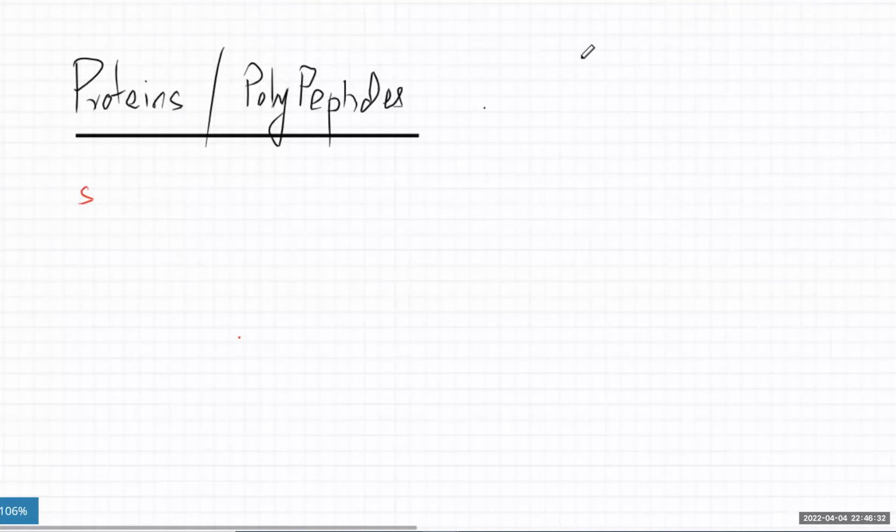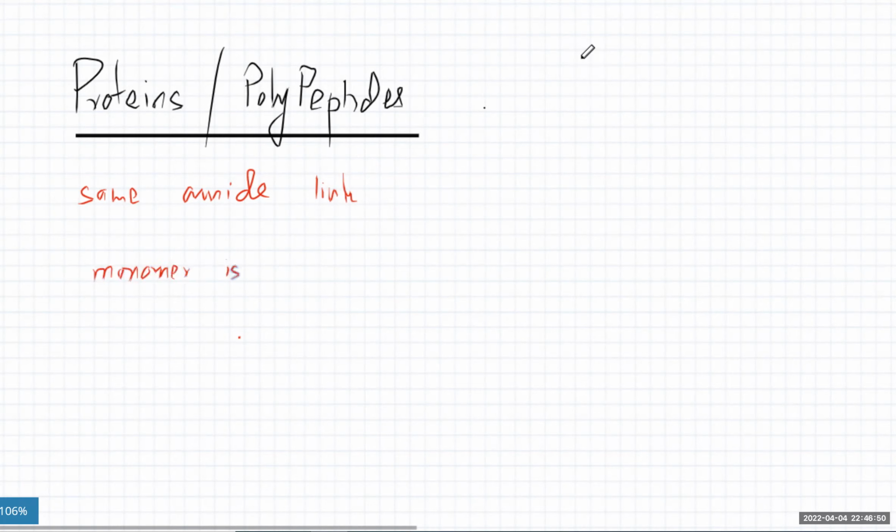Well, proteins and polypeptides have the same amide link. But the monomer is different. The only difference is that the monomer is an amino acid.